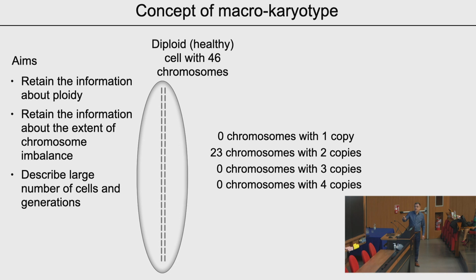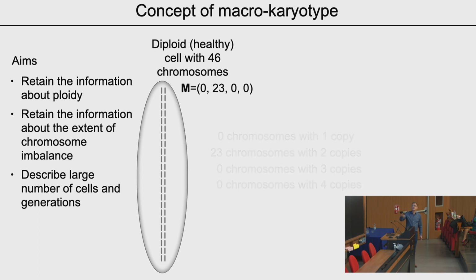And actually, we can say, okay, maybe we can just describe our karyotype by these numbers. So we're introducing something like this. This vector obviously substantially reduces the space. We can calculate now, and we still have some important information here.